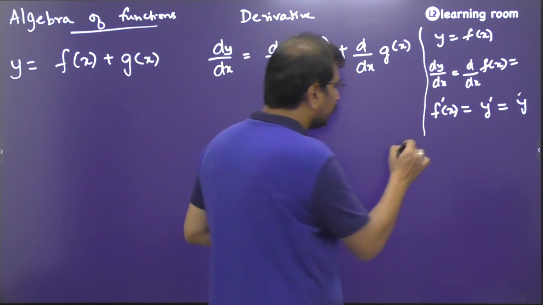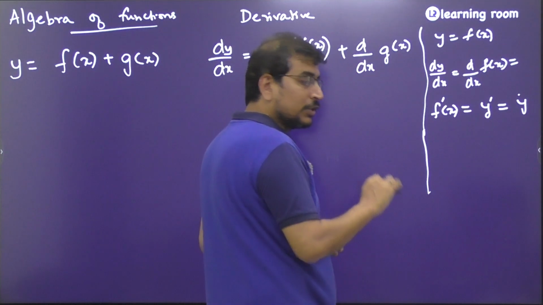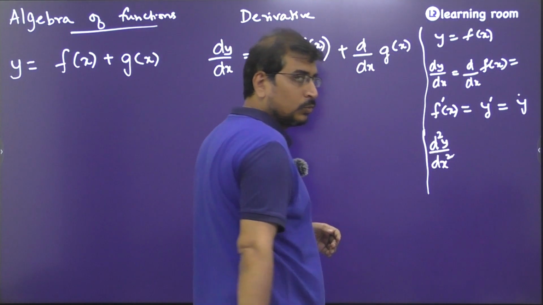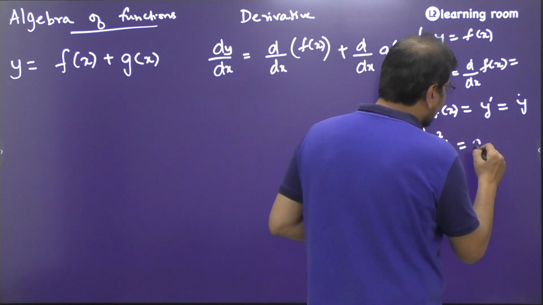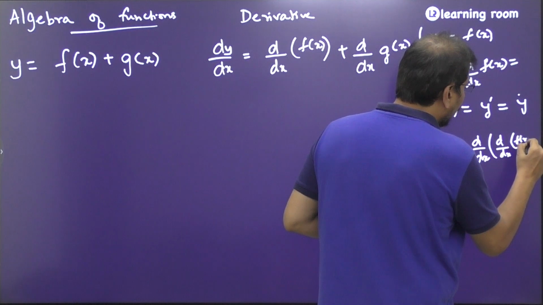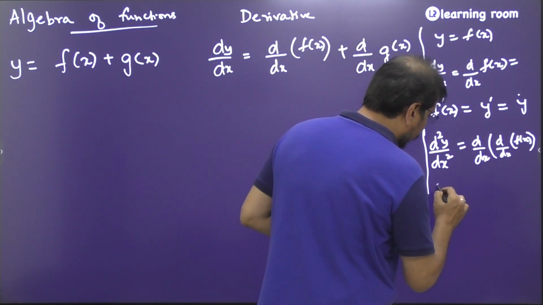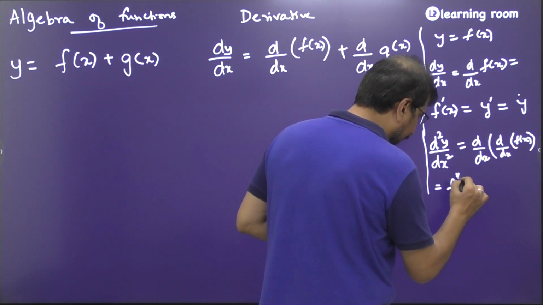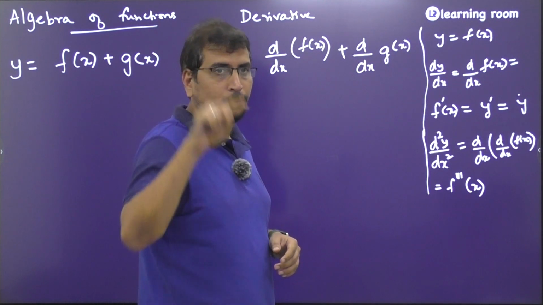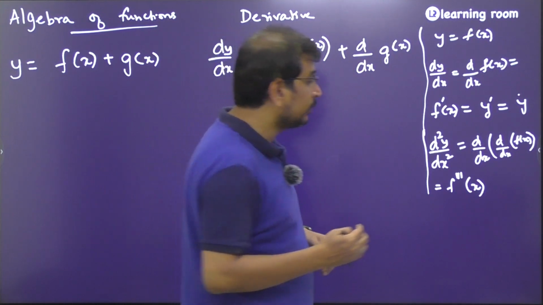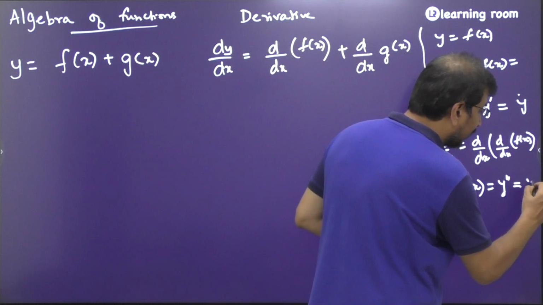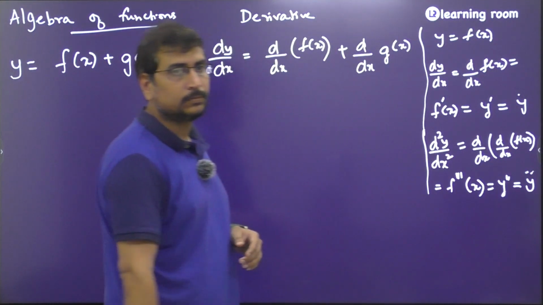Just to extend this concept, if you differentiate the function twice, then you will have something like this: d square y by dx square, which is also written as d by dx of f dash of x, or this can also be written as f double dash of x. Two dashes on top of f represent that you differentiate it twice, or it can also be written as y double dash, or as y with 2 dots on top of it.